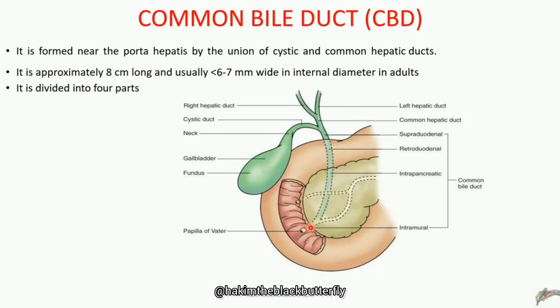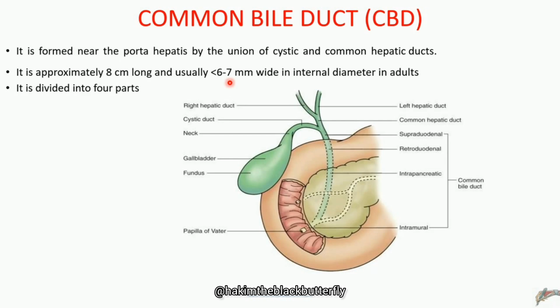If there's a stone there, of course, the wall is going to widen because of the too much bile plugging within it. In some cases, the diameter can increase in old age. As we age, the walls become more elastic and the diameter can increase to about 8, 9 or 10 millimeters. So those are factors that can make the dimension increase.